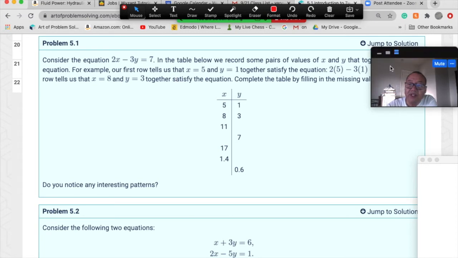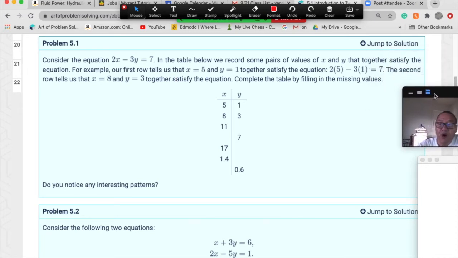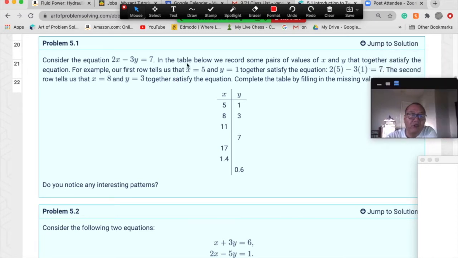This one is 5.1. Consider the equation 2x minus 3y equals 7. In the table below, we record some pairs of the values of x and y that together satisfy the equation.